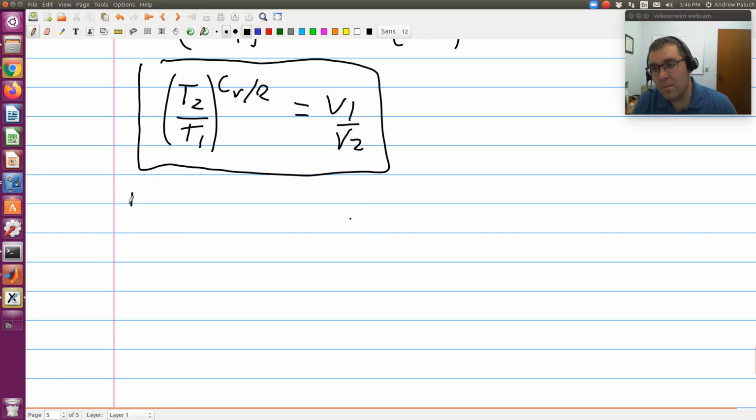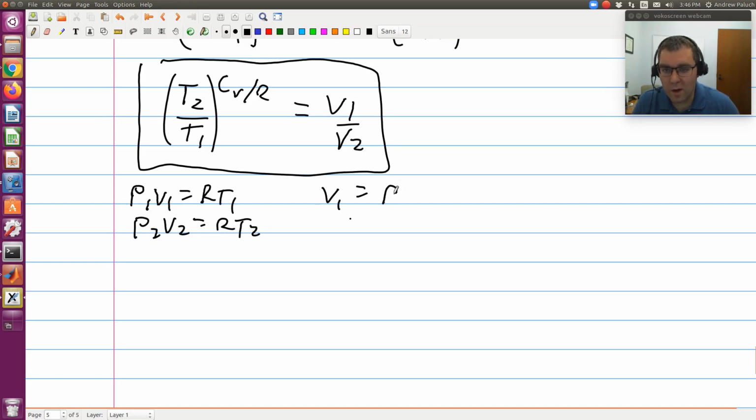So mainly, we know that P1 V1 is equal to R T1, and P2 V2 is equal to R T2. So V1 is equal to R T1 divided by P1, and V2 is equal to R T2 divided by P2.